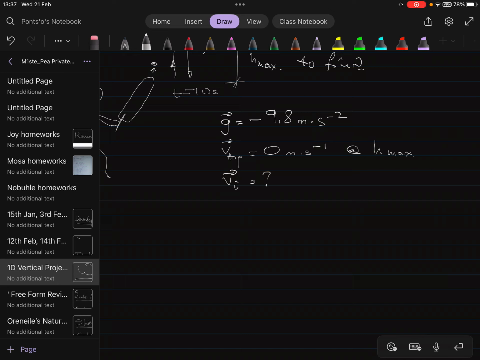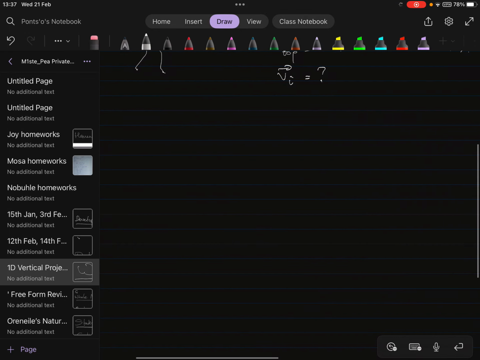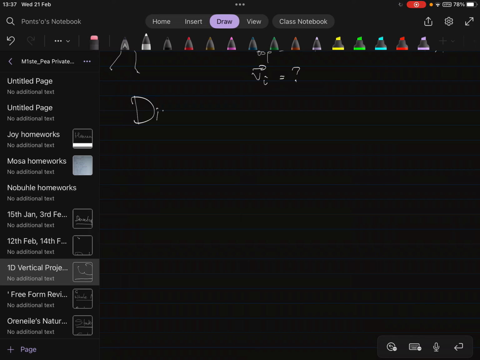We don't know its initial velocity, and yeah. So what can we do? I guess we are being creative, so we have to be creative. So it's useful to divide the motion in two parts. We have the motion up and the motion down.